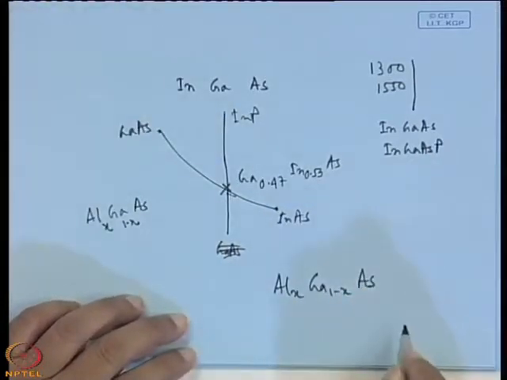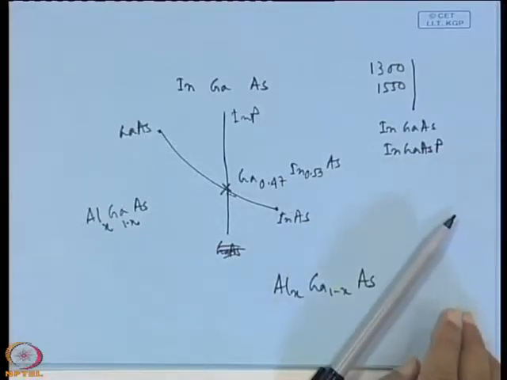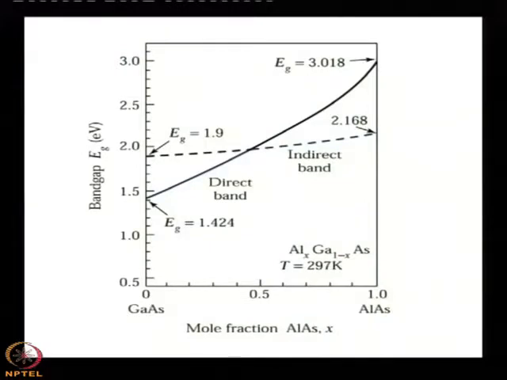Theoretically you can grow, but there is one problem. The problem is this thing. This curve is plotted, in this curve we have plotted the band gap against the mole fraction of aluminum arsenide X. That means this is gallium arsenide, this is aluminum arsenide.